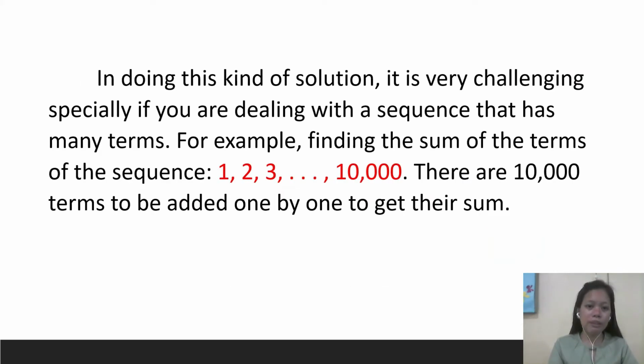Doing this kind of solution is very challenging, especially if you are dealing with a sequence that has many terms. For example, finding the sum of the terms of the sequence 1, 2, 3 up to 10,000. There are 10,000 terms to be added one by one, and it is very difficult to sum them all.